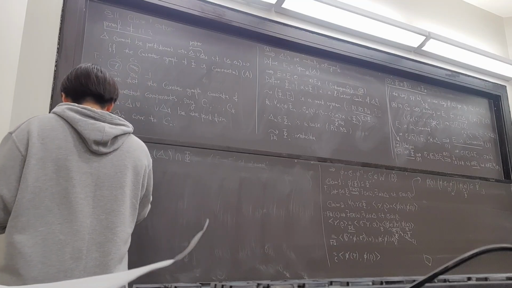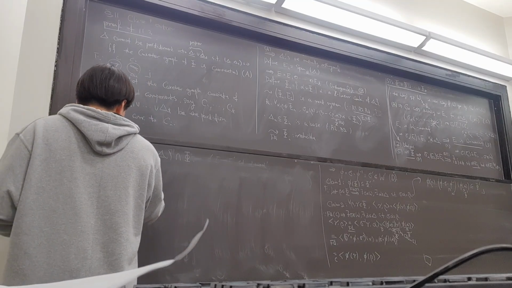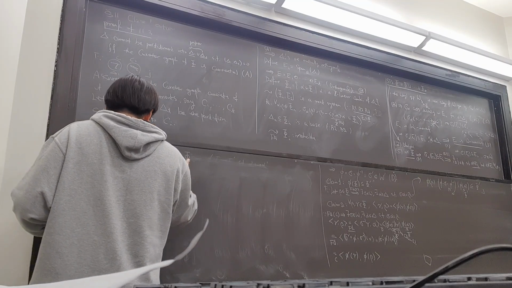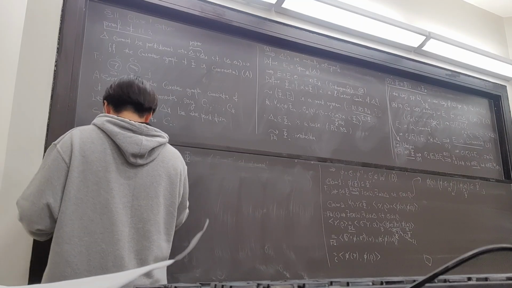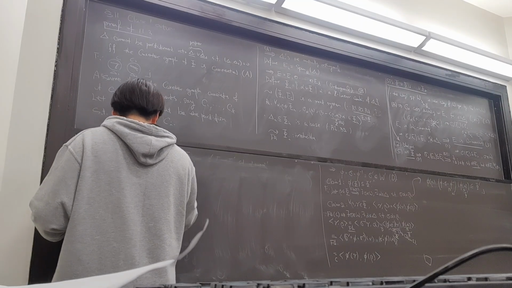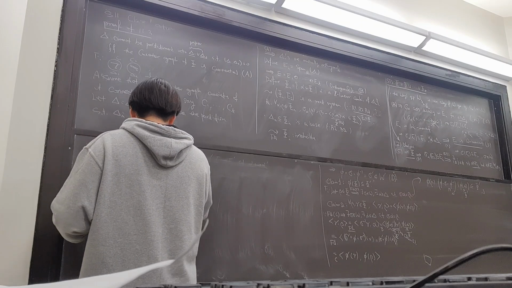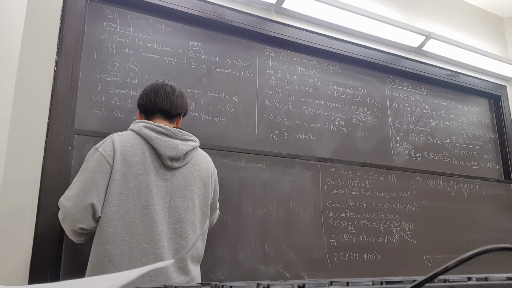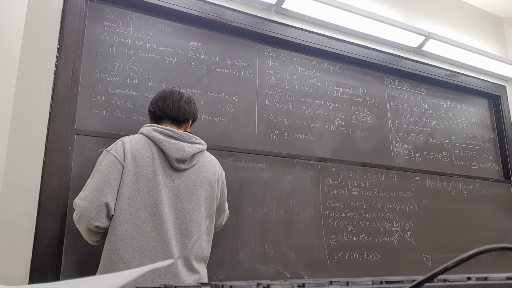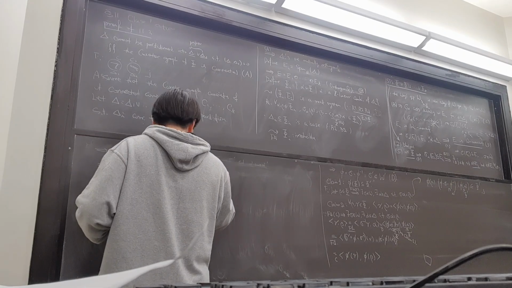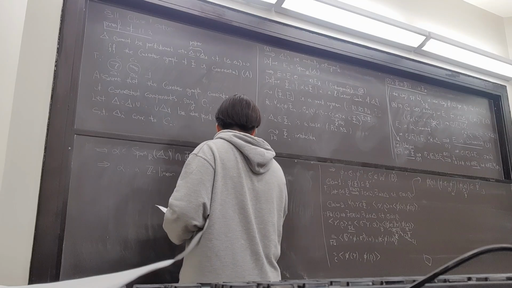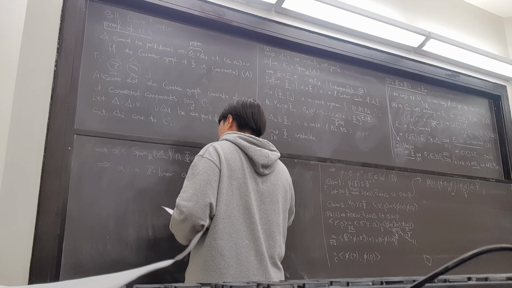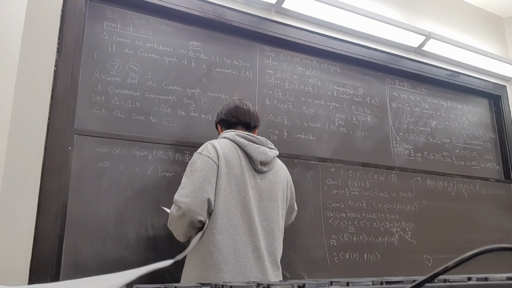So this implies that because alpha is in pi, alpha is a linear combination of delta n in the span of delta I, right?